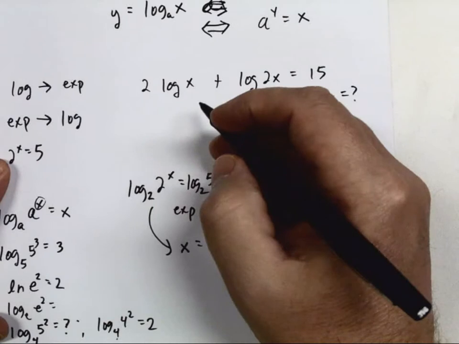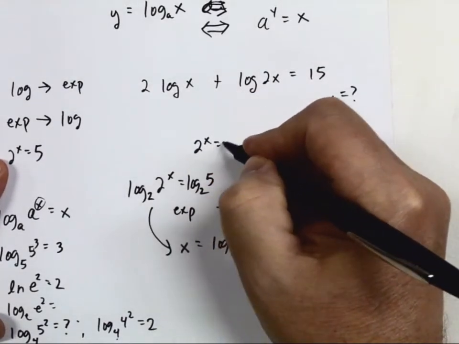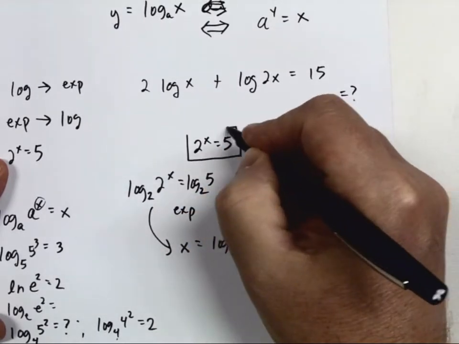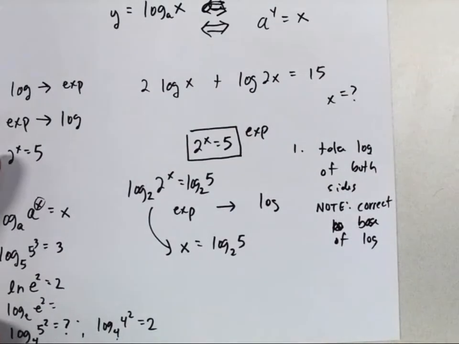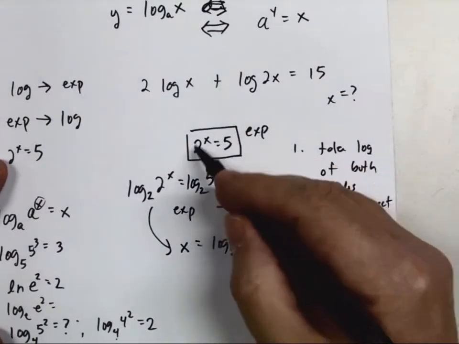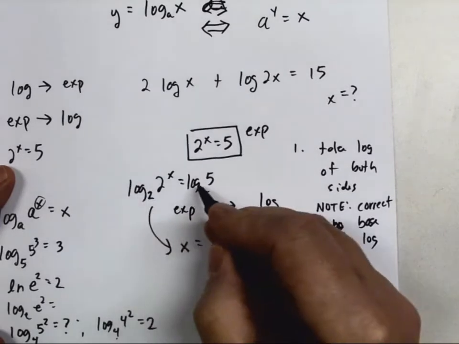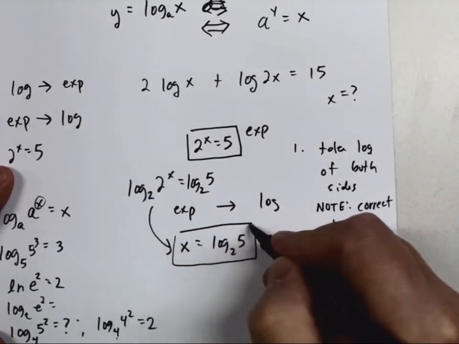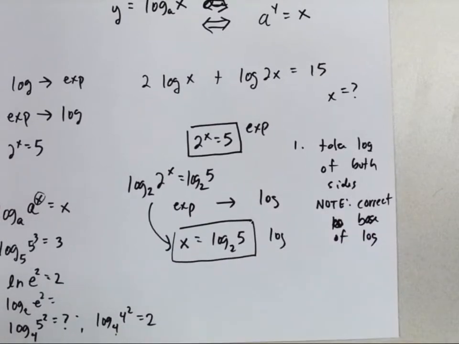So let me remind you, what I started with was 2 to the x equals 5. That's what I started with, and I said that's an exponential function. Please rewrite that as a log function. And then I took the log of both sides, and next thing you know, here it is as a log function.